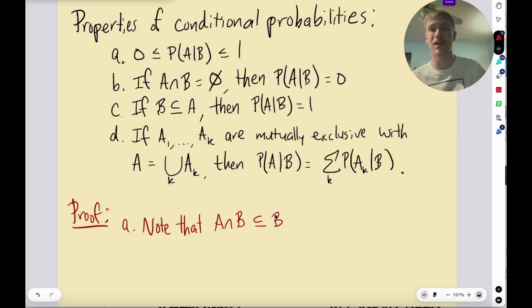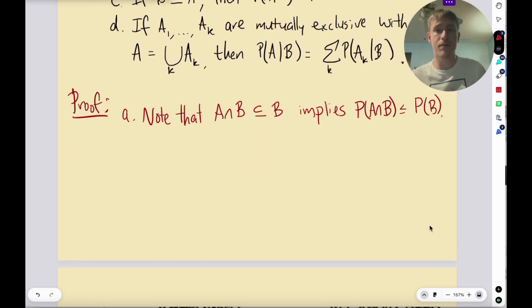If something is in A and it's in B, that implies that it must be in B. And if you recall, one property of probability is that if one event is a subset of another, that implies that the probability of A intersect B is going to be less than or equal to the probability of B. Okay, but since probability is a number that's greater than or equal to 0, then we have that 0 is less than or equal to the probability of A intersect B, less than or equal to the probability of B.